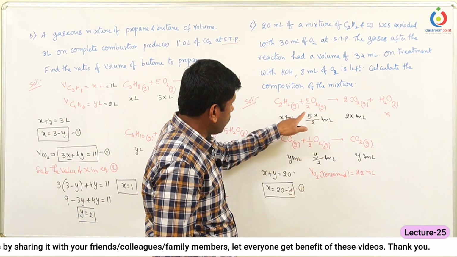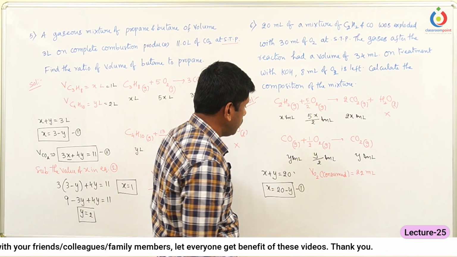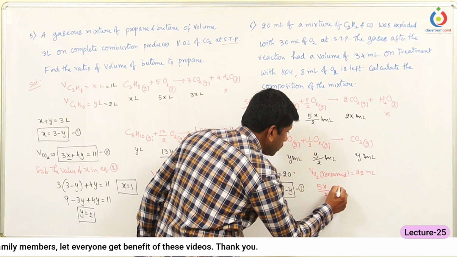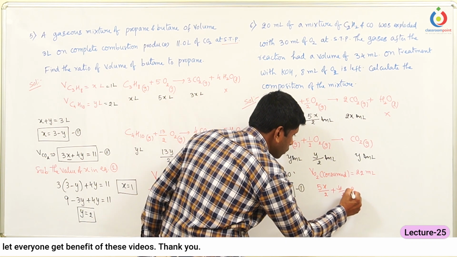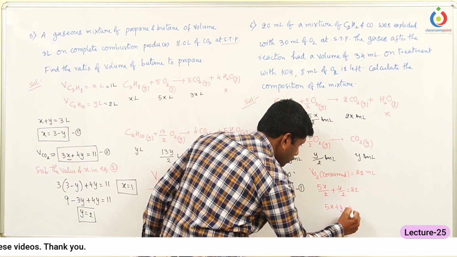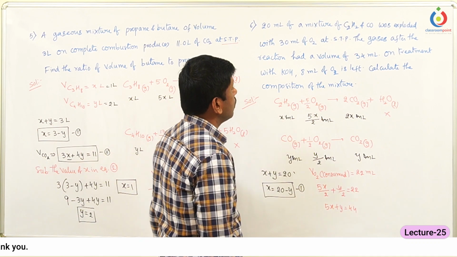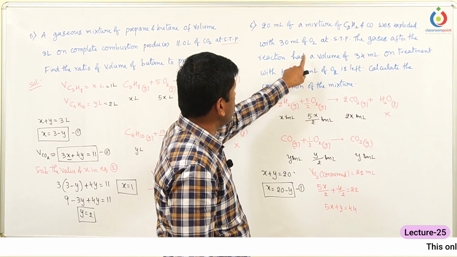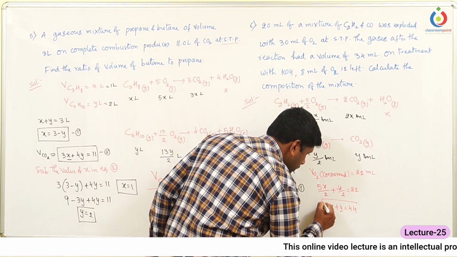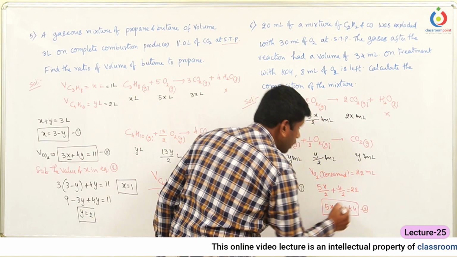Volume of O2 consumed means this value plus this value. So here 5x by 2 plus y by 2 equals 22. 5x plus y equals 44. Treatment with KOH 35 ml. So, okay, no issue now. So this is equation number 2.